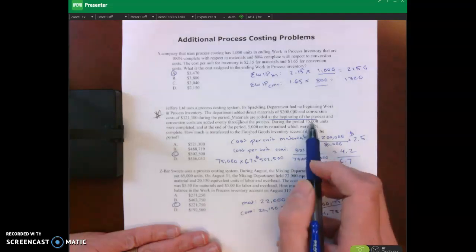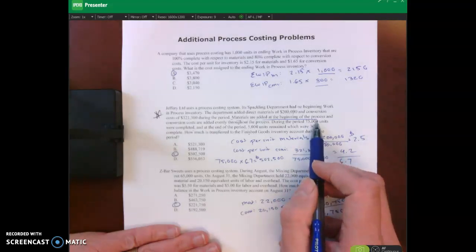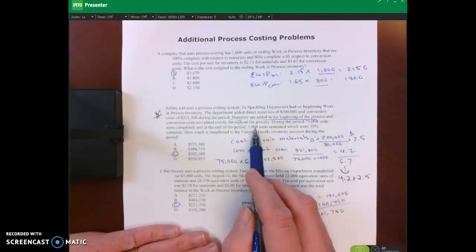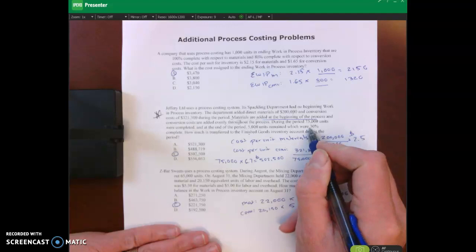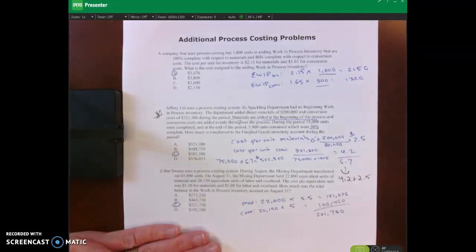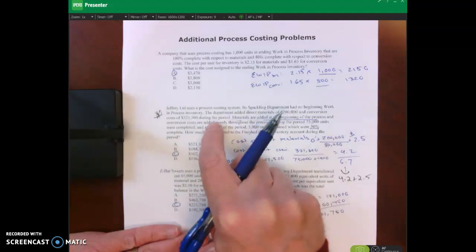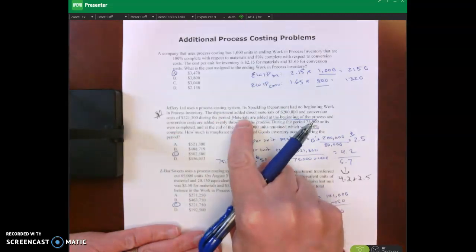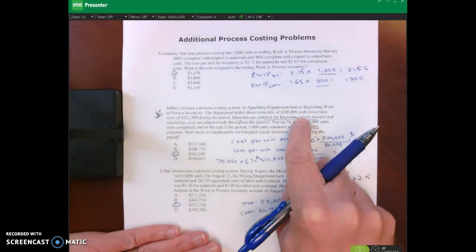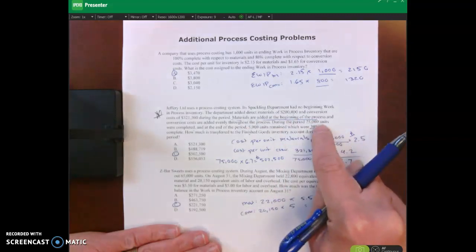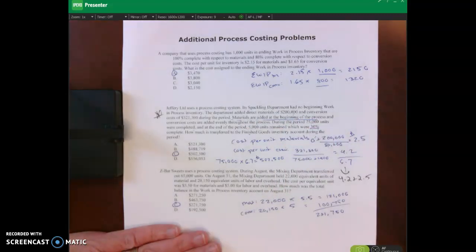That divided by our 75,000 units that we completed, plus we have 5,000 units of ending WIP, but they are 30% complete with respect to conversion. It doesn't say with respect to conversion here, but that's the only other cost. Materials is the other cost, but materials is 100% done. So this must mean with respect to conversion.